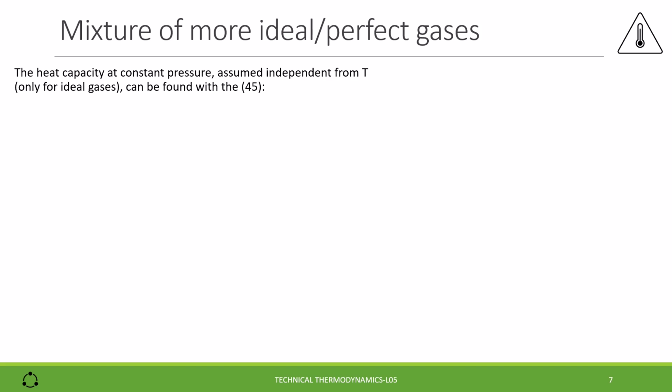The heat capacity at constant pressure, assumed independent from the temperature, this is valid only for the ideal gases, can be found with the formula 45, 1418 joule per kilogram per Kelvin.